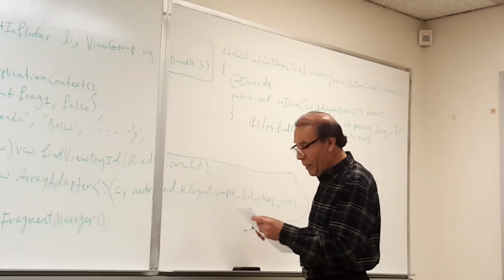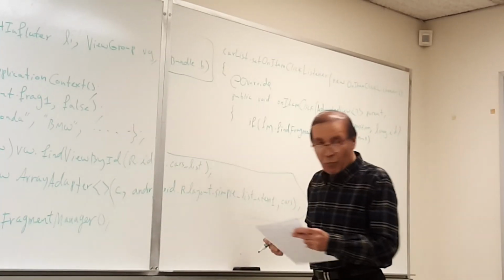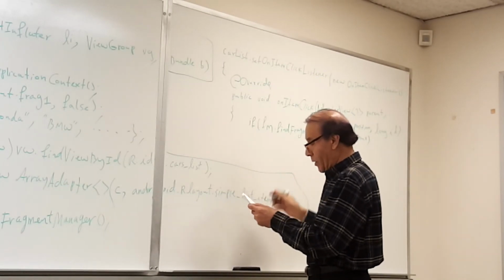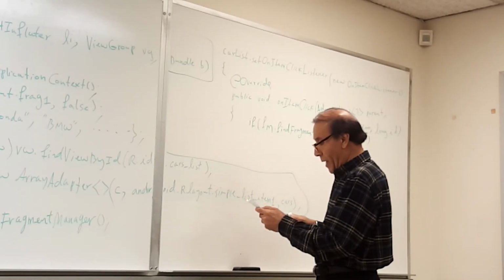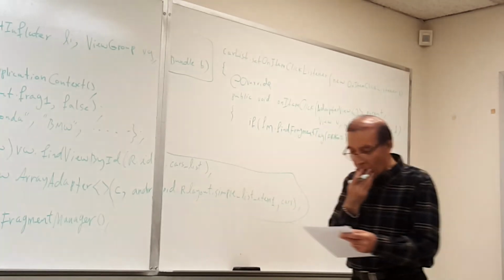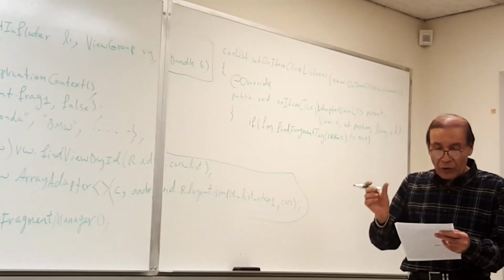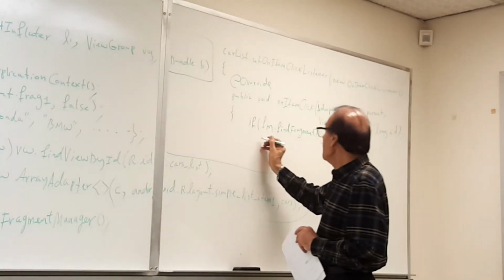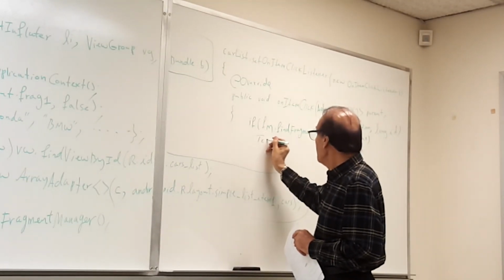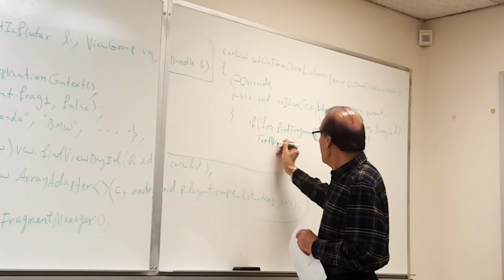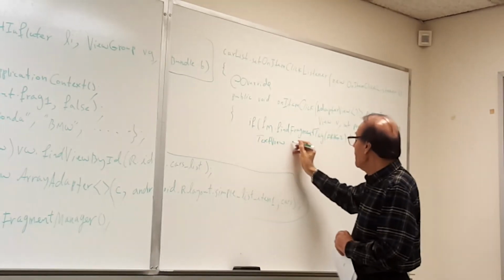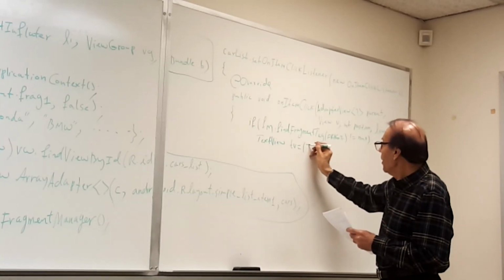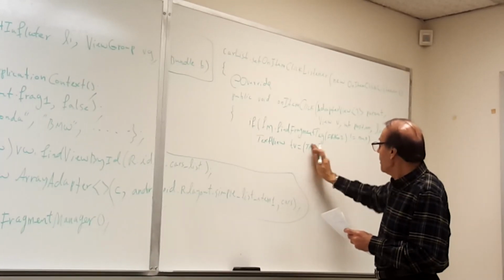If fm.findFragmentByTag frag2 is not equal to null, it simply means, just write it down and you can guess what it is. If it is not null, then what should we do? If it is, let's create it. If it is not null, we need to create the text view. TextView tv equals.